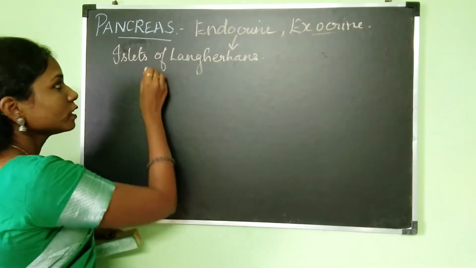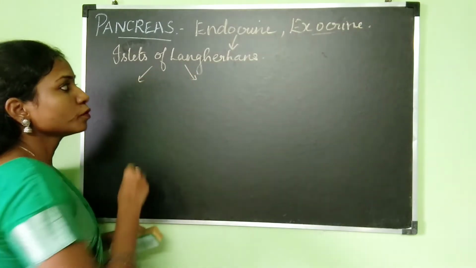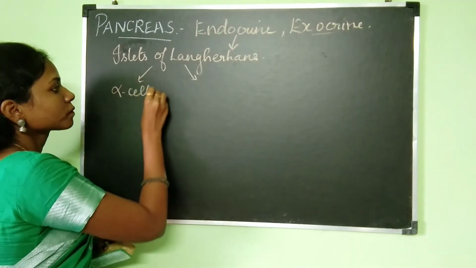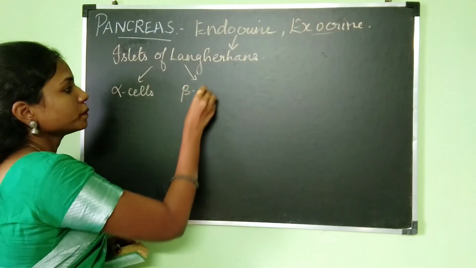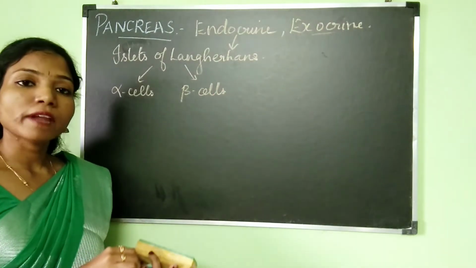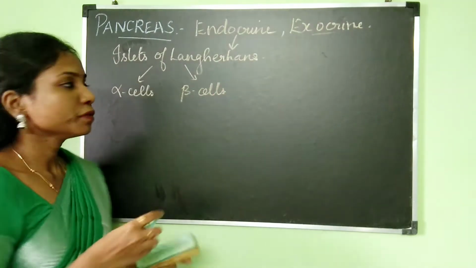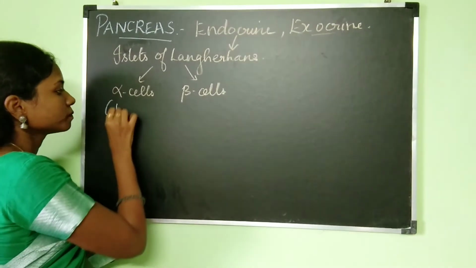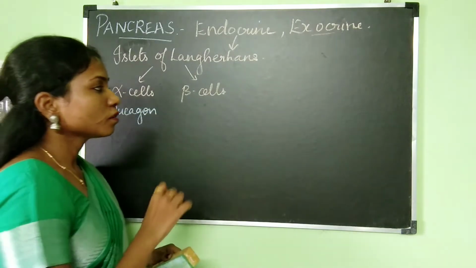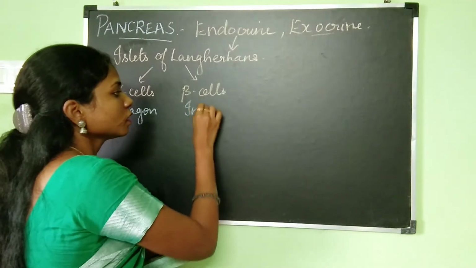They consist of two different types of cells: the alpha cells and the beta cells. The alpha cells produce the hormone glucagon, and the beta cells produce the hormone insulin.